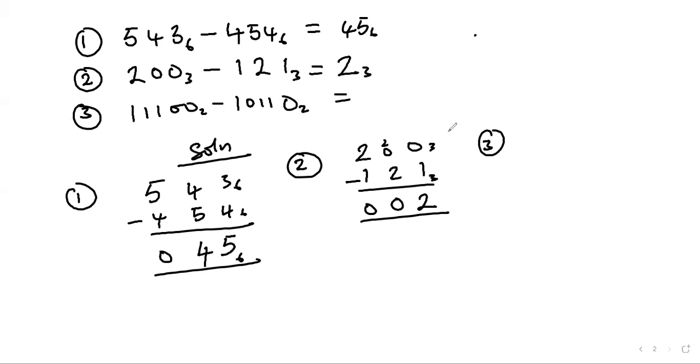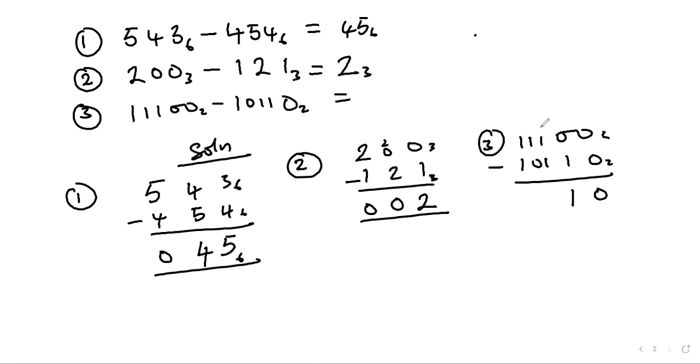So base 2. 11100 minus 10110 base 2. 0 minus 0 is 0. 0 minus 1 cannot. You borrow 1 from here, that one becomes 2. 2 minus 1 is 1.